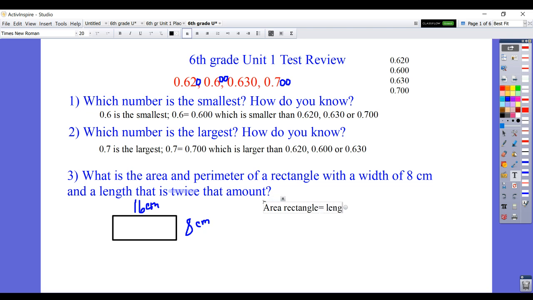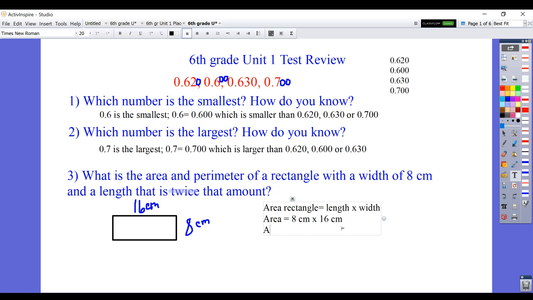And again, that should be in your workbook already. So in this case, that would be 8 centimeters multiplied by 16 centimeters. And you can either use a multiplication table for that, you can multiply by hand, or if a calculator is an option, you can use that as well.